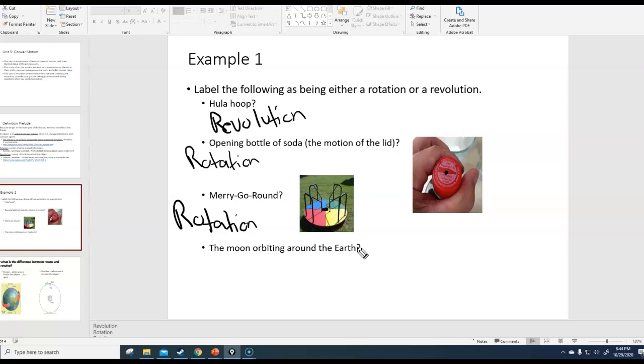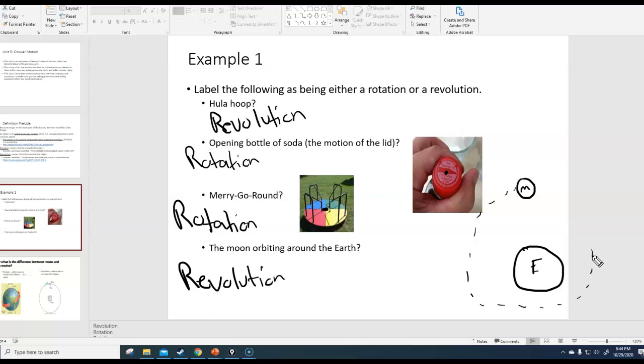And then finally we have the moon orbiting the Earth. This is an example of a revolution. The reason is, if you have the Earth, and let's say you have the moon out here going around in a circle, something like this. It's a bad circle, but just bear with me.